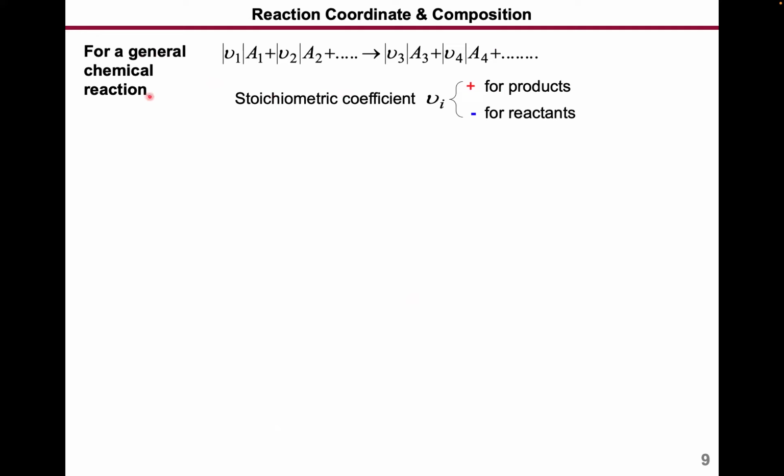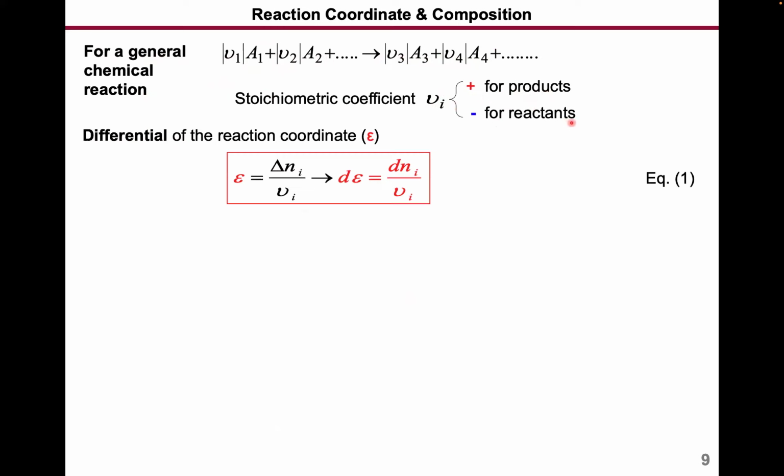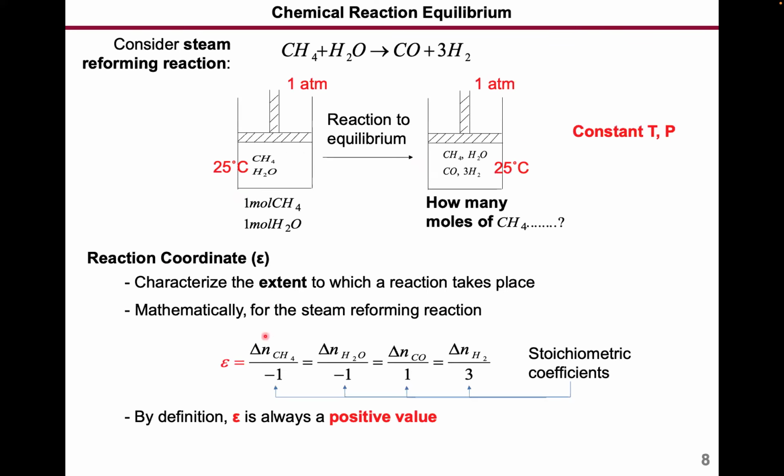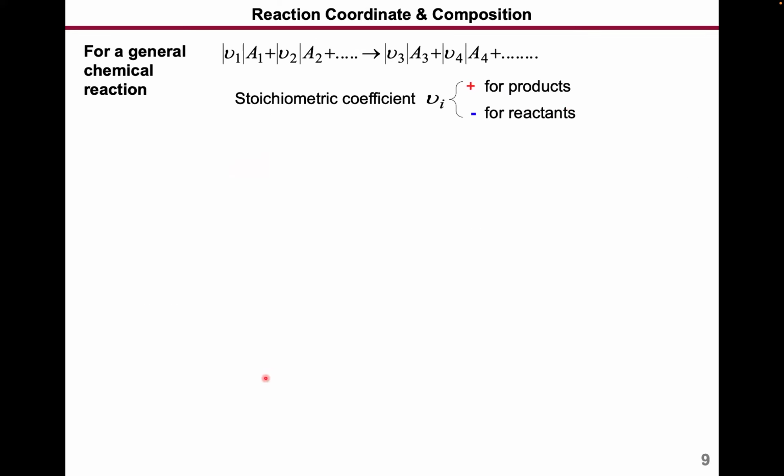All right, so now we can come back to this generalized reaction. For a general chemical reaction, if you have V1 A1, V2 A2, all the way to V3 A3, V4 A4, we already specify your stoichiometry coefficient is positive for products, negative for reactants. And then we go back to the reaction coordinate definition.